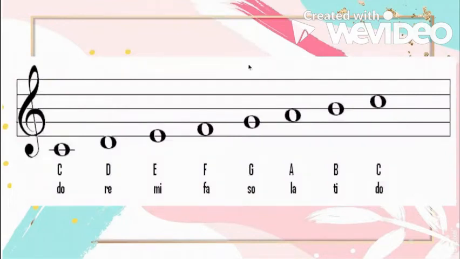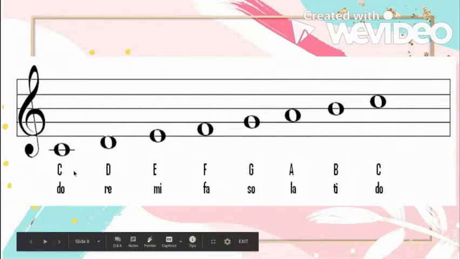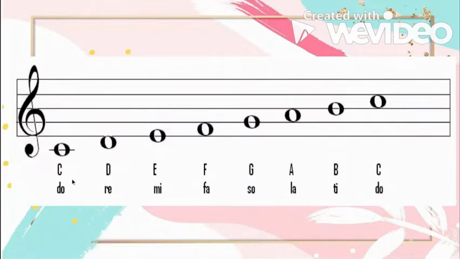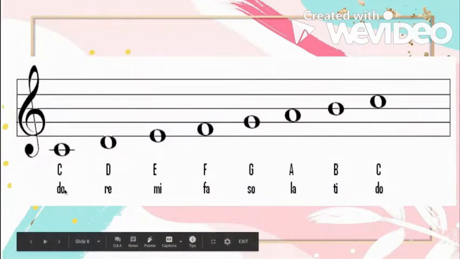Next, this one. Let's go back to the examples of the SOFA syllables. Again, there are only 7 SOFA syllables we have in the musical staff. Why 7? Because, let's sing this one. Do, re, mi, fa, sol, la, ti, do. So how many do are in the SOFA syllables? There are 2.